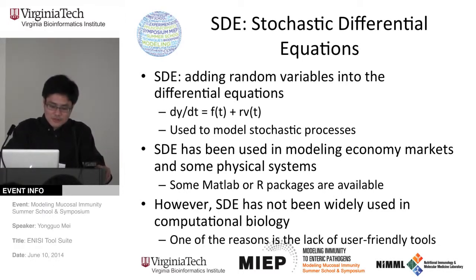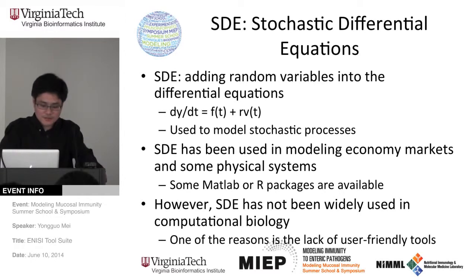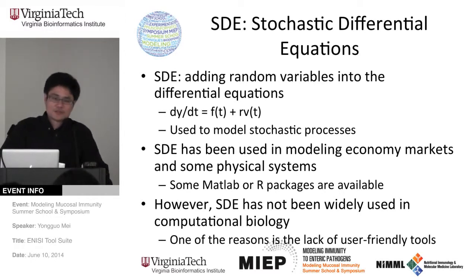So these stochastic differential equations can be used to model stochastic processes. They have been widely used in economics, especially in the last 10 or 20 years for economic markets, and also in some physical systems.